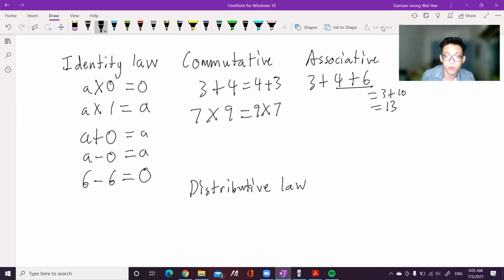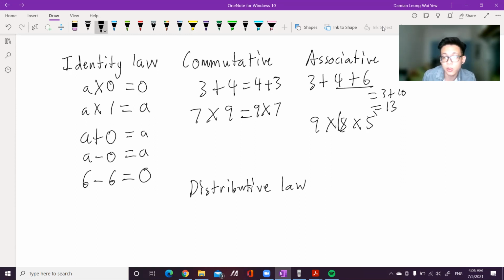So associative law. Same goes in times. Okay, say 8 times 9 times 5.